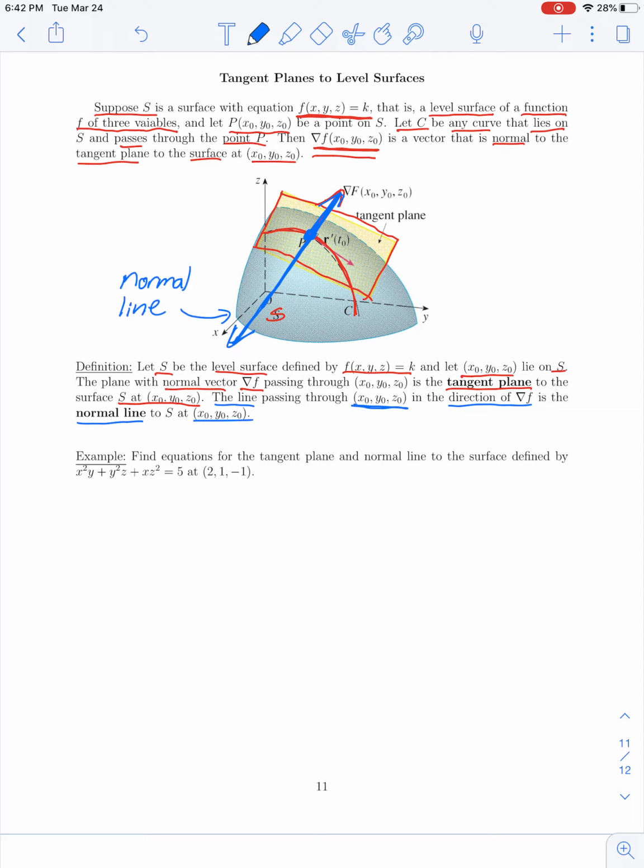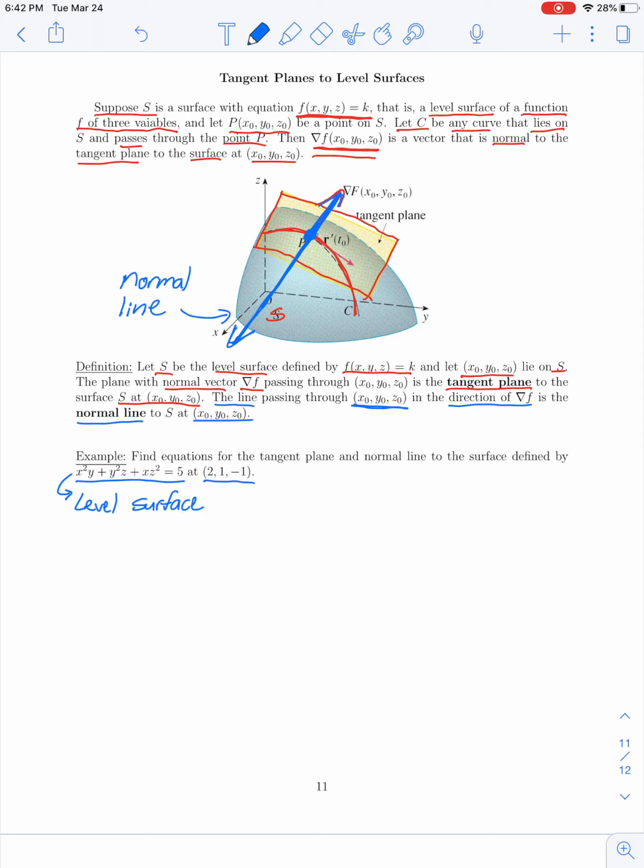So in our last example, we are asked to find equations for both the tangent plane and the normal line to the surface defined by the following equation at the point 2, 1, negative 1. So here, the equation that is defining our surface cannot be easily solved for z as a function of x and y. It's possible to solve for z, but it's a little tedious to do it here.